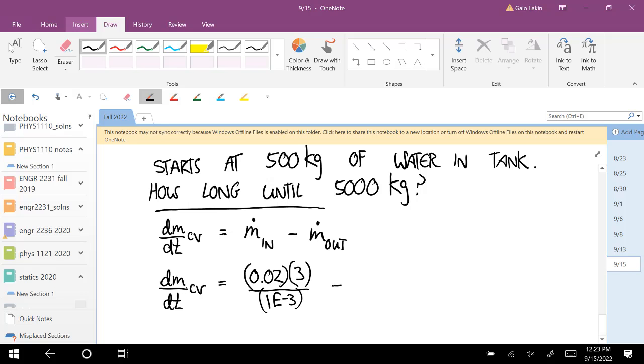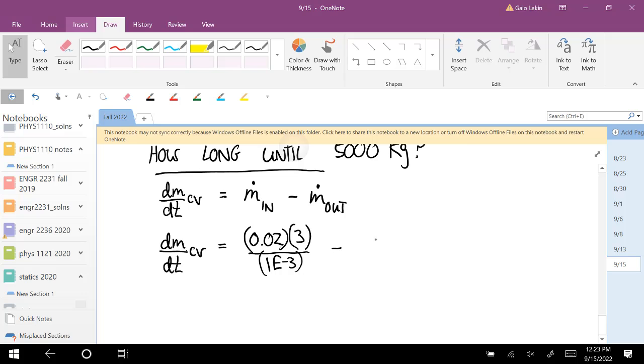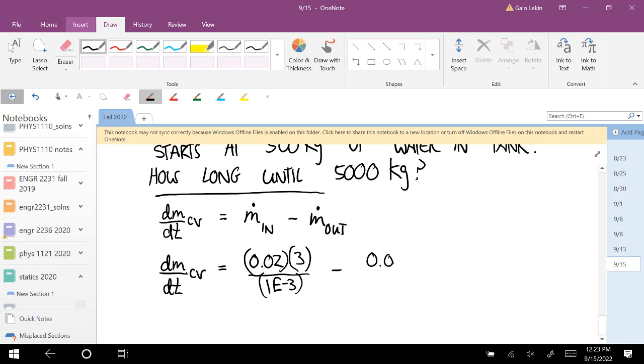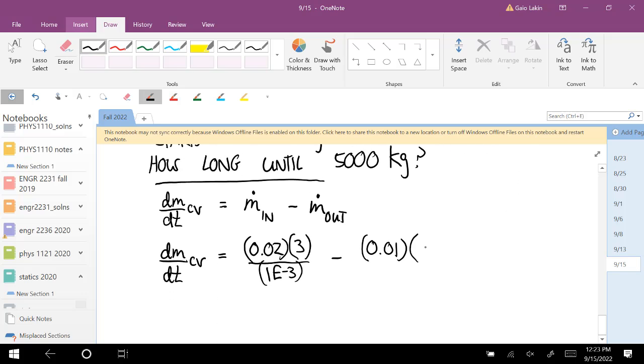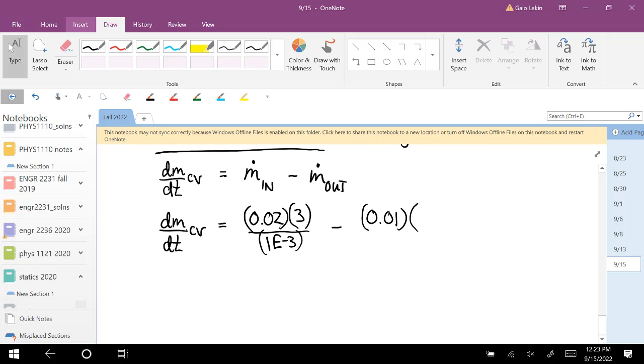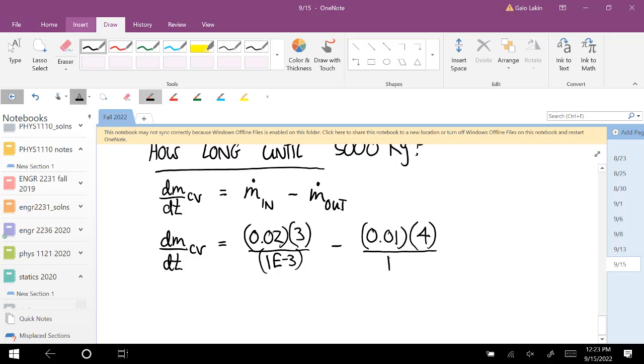And at the outlet, there's an area of 0.01 meters squared, a flow speed of 4 meters per second, and a specific volume, again, that's 1 times 10 to the minus third.